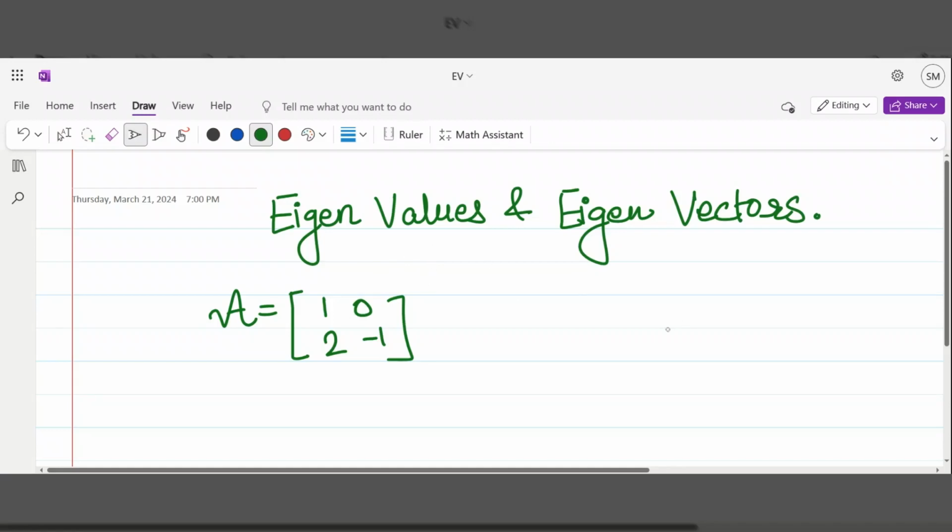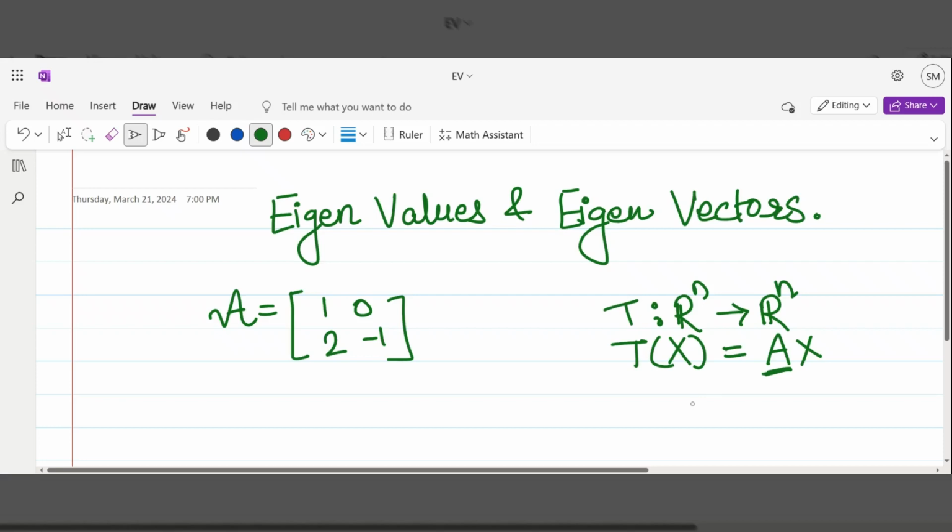What we have seen in linear transformation is that if T is a function from vector space Rn to Rn, and we have some input vector x, when T is applied on that vector x, this change in vector x can be represented by A into x, where this A is the standard matrix of this linear transformation T.